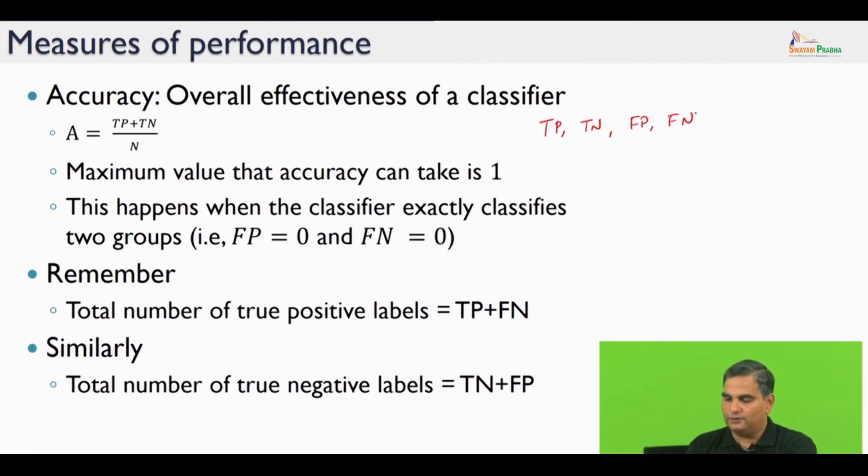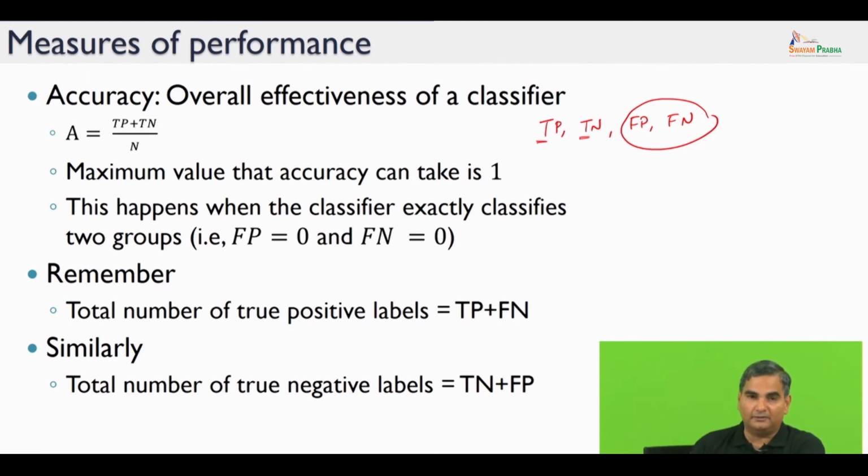I already told you that the first letter tells you the truth or the success of the classifier. So, in these 4 cases, the true positive and true negative are the success cases, and these are failure cases.